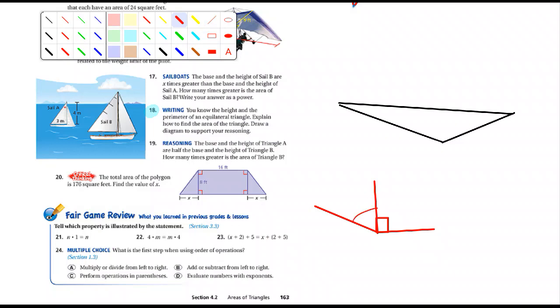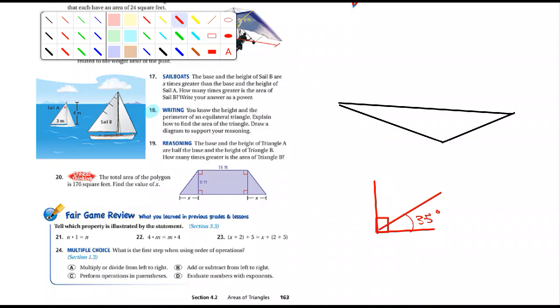So it's more than 90 degrees. If it's less than 90 degrees, that means it's going to be in closer, and it's called an acute angle. So maybe the angle is like that, and it's less than 90 degrees. I don't know, so maybe that's 35 degrees.